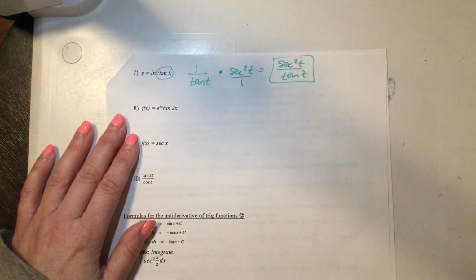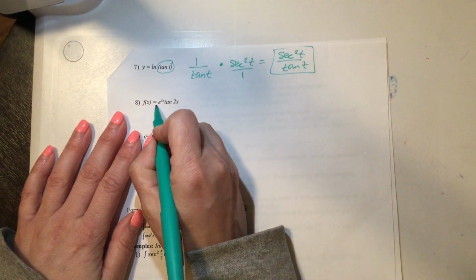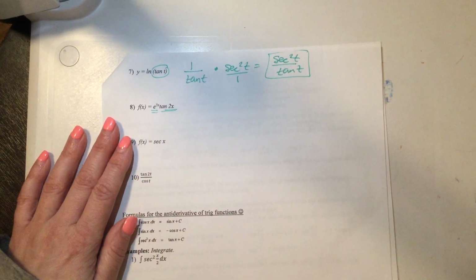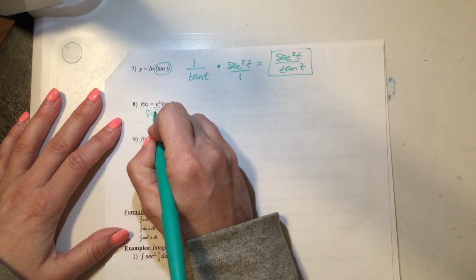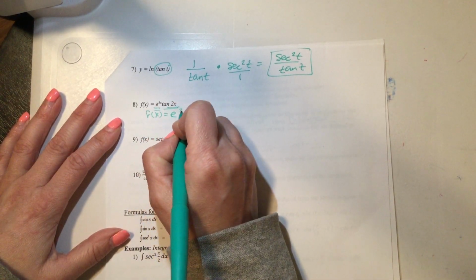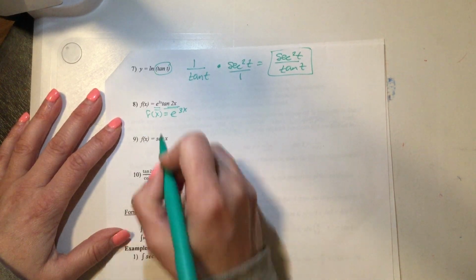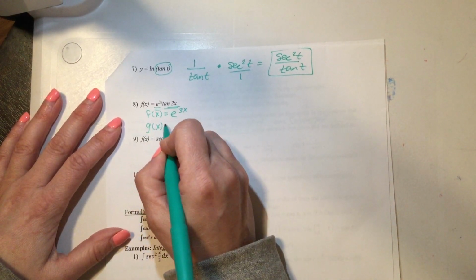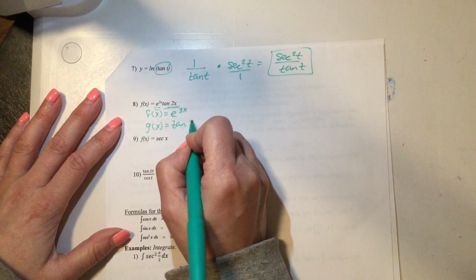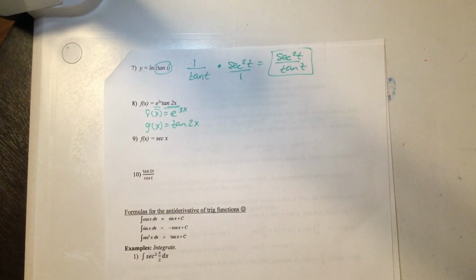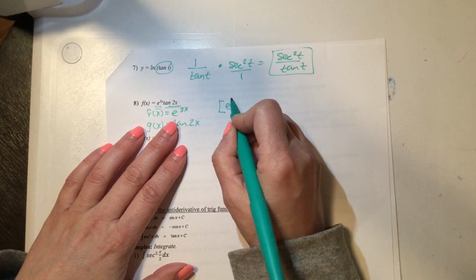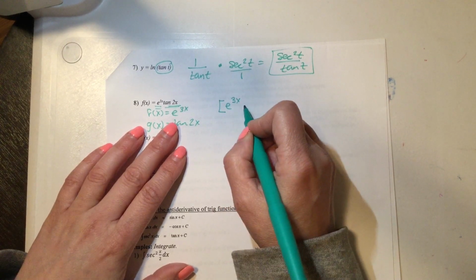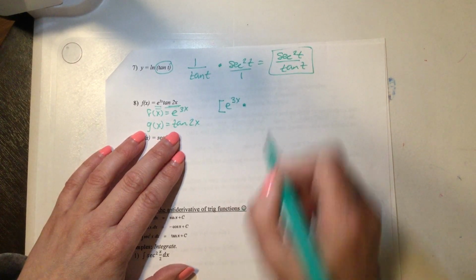Done. Next one, this is a product rule because you're multiplying two functions together that both contain a variable. When you're doing the product rule, the first thing, and in this case it's e to the 3x, gets multiplied by the second term, which is a tangent of 2x. When you are doing the product rule, you keep the first term the same, e to the 3x, times the derivative of the second.